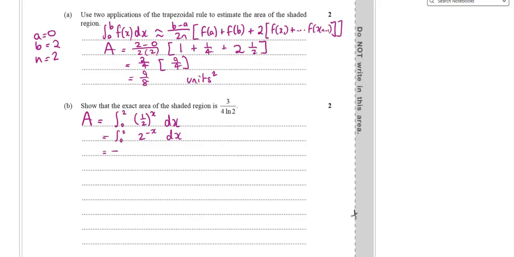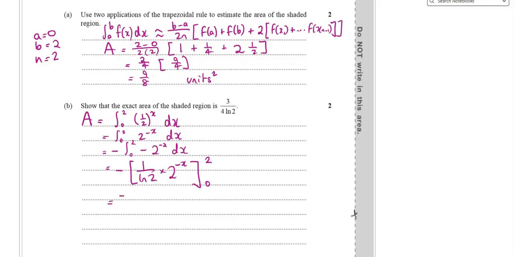I could create a minus sign by placing one both inside and outside my integration. And now I can change what's on the inside to 1 over ln 2 times 2 to the minus x. And I'm going to evaluate that from 0 to 2.